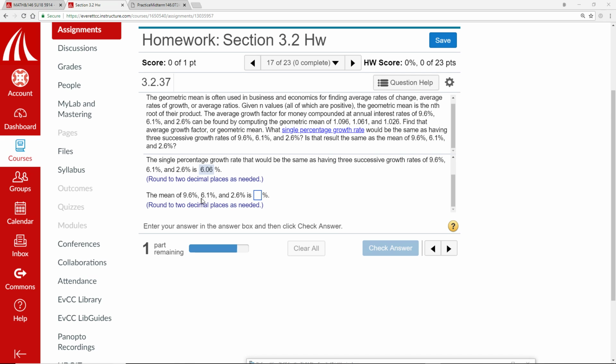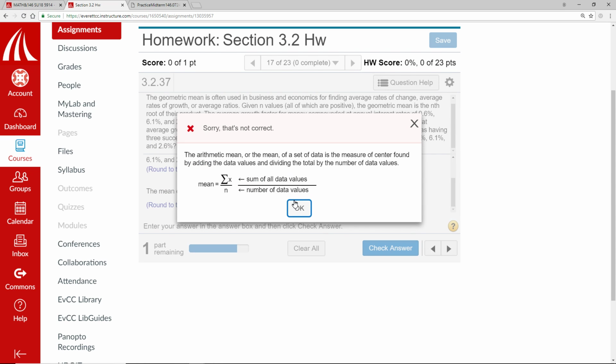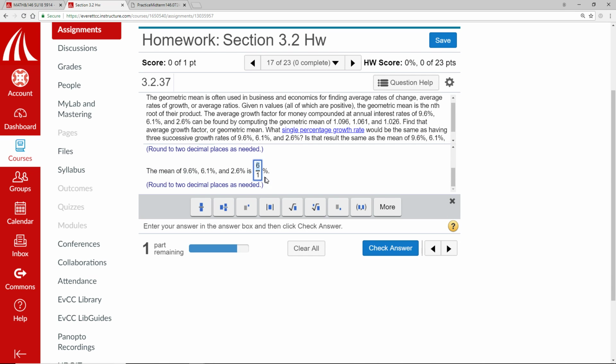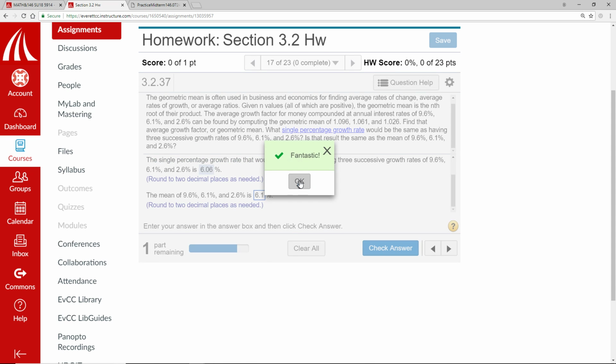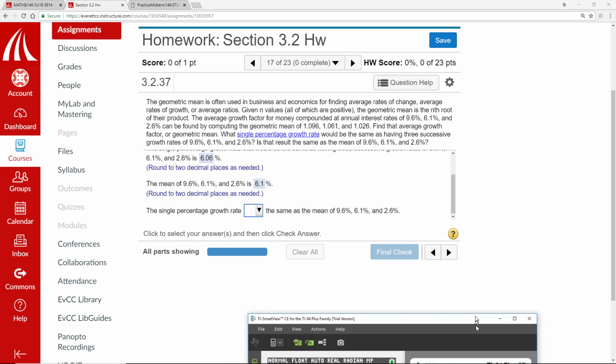I think it was 18.3, which means 6.1. 18.3 divided by 3 is 6.1. But where's my calculator? Oh, here it is. It's down at the bottom.